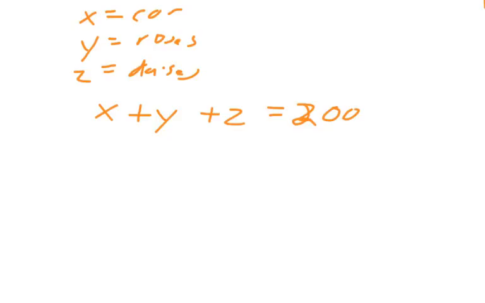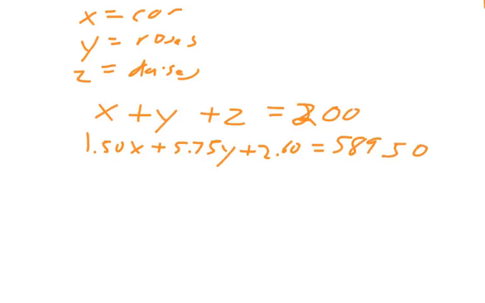Next we need the prices, so it was $1.50 for the carnations plus $5.75 for the roses plus $2.60 for the daisies, and it came out to $589.50.